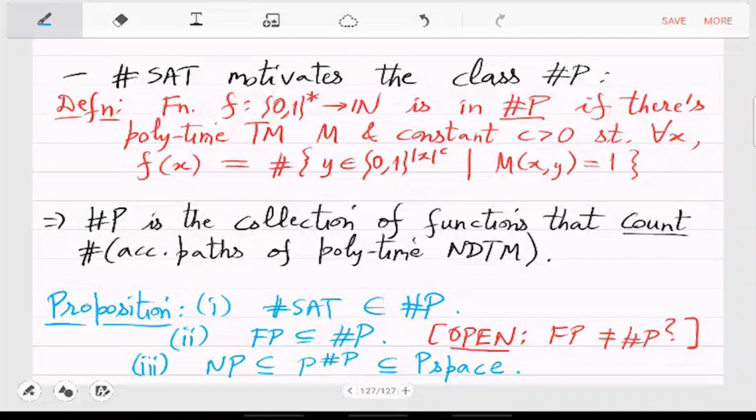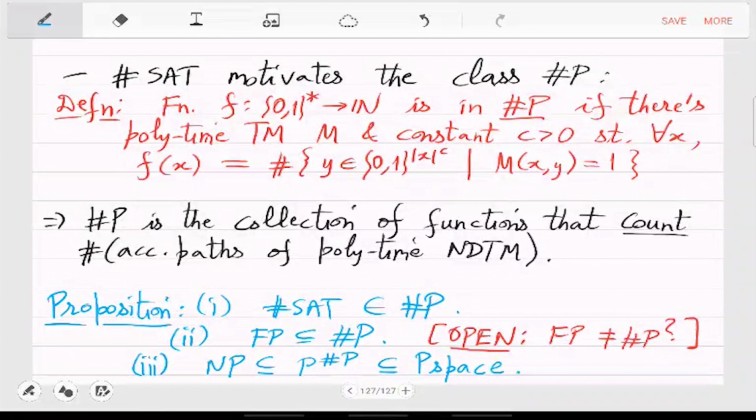And to capture efficiency in efficient functional problems, we define the class FP, which is a collection of functions f that are computable by polytime Turing machines. And the open question is whether #SAT is not in efficiently solvable functions.